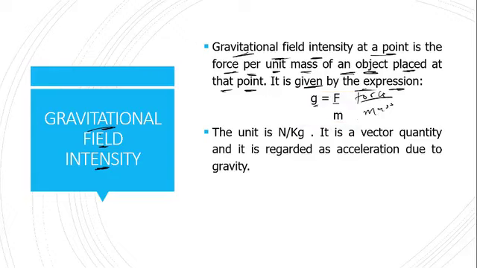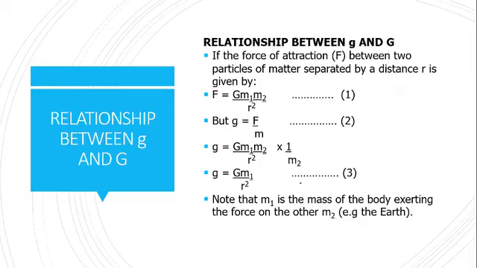It gives us this small letter g, which is acceleration due to gravity, and its unit is Newton per kilogram. Newton per kilogram, because the SI unit of force is Newton and that of mass is kilogram. It is a vector quantity and it is regarded as acceleration due to gravity.